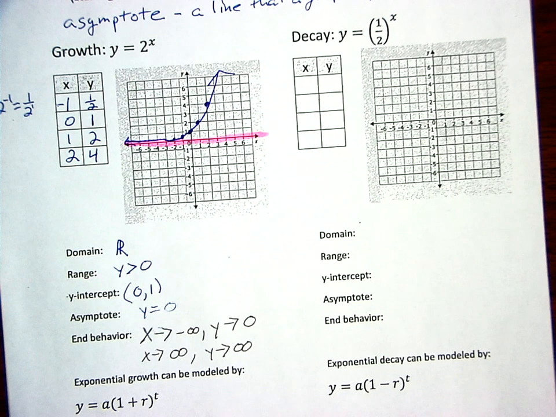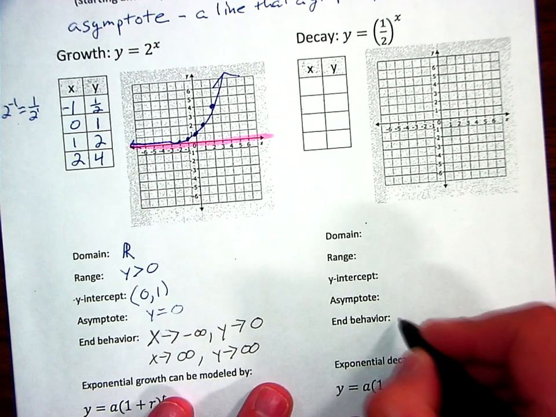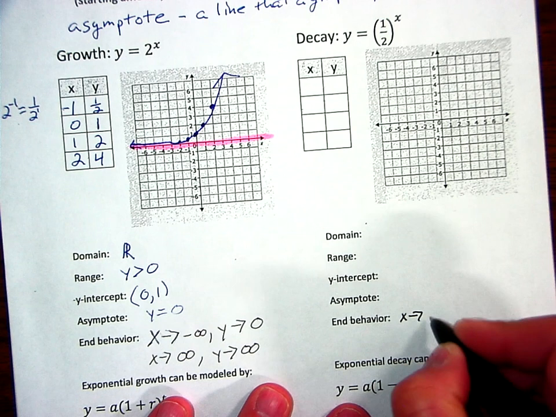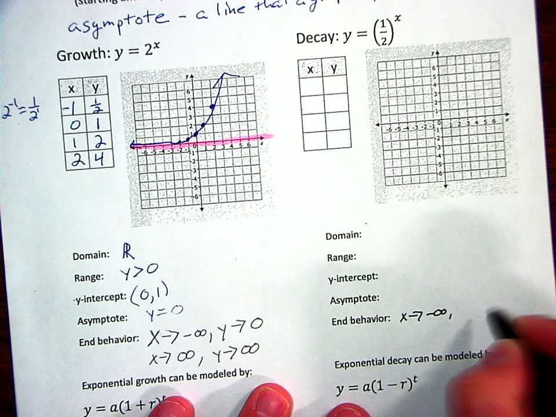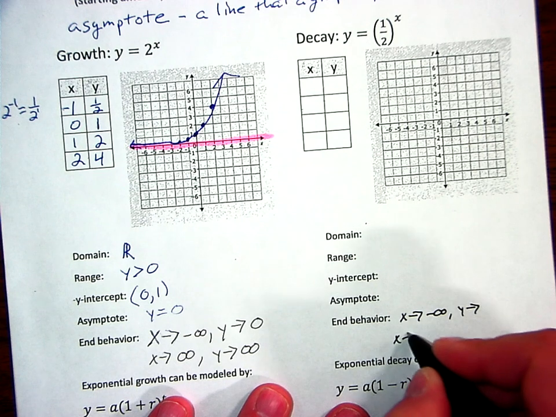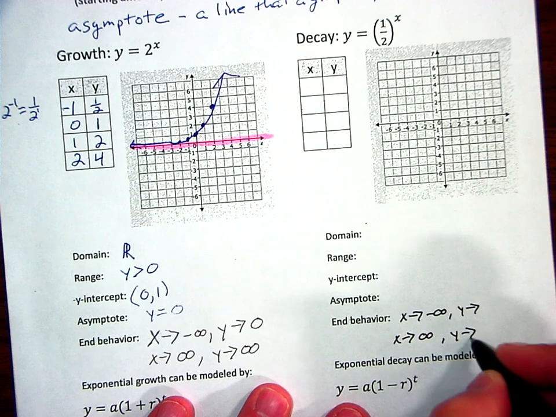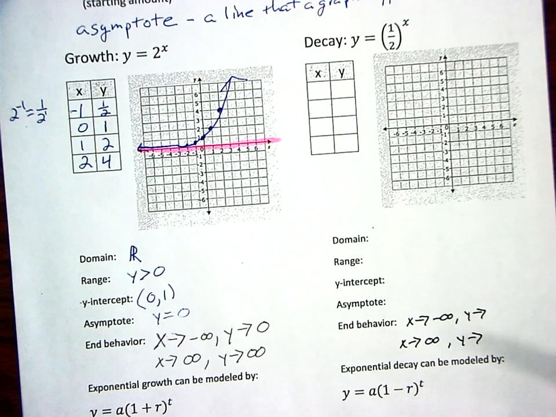I think there's two though. What do you mean? There's like X, and then two. Yep, so X is going to the left, and then X is going to the right. So as X approaches negative infinity, what happens to my Y? And as X approaches infinity, what happens to my Y? It only goes one way.